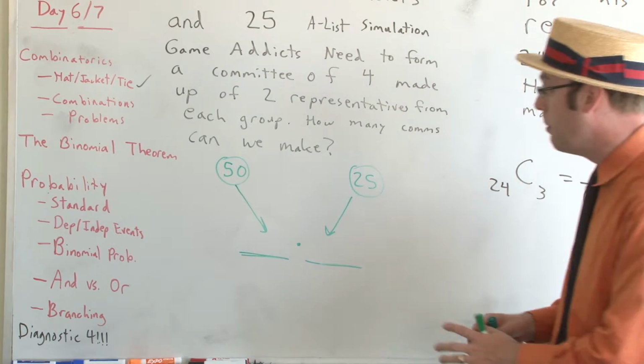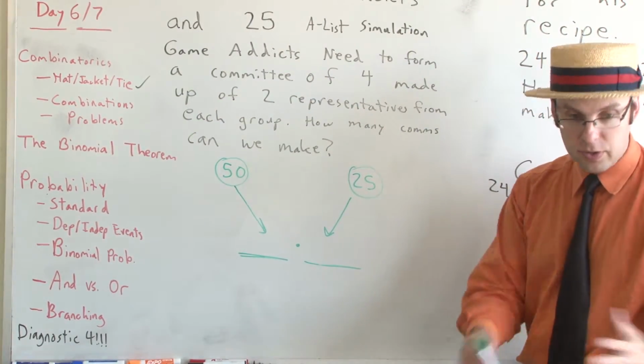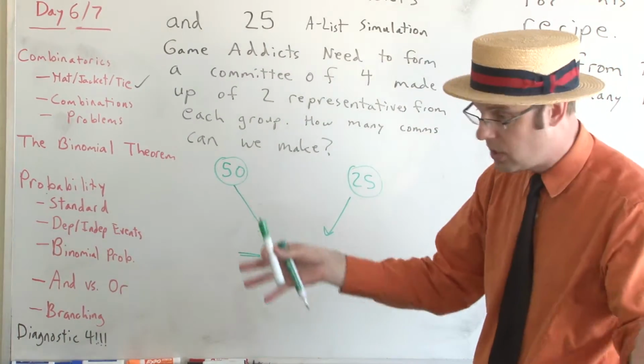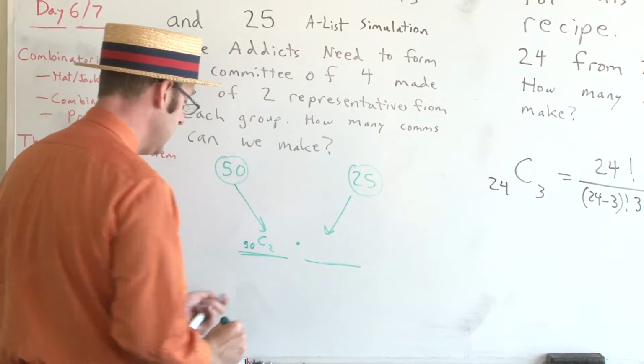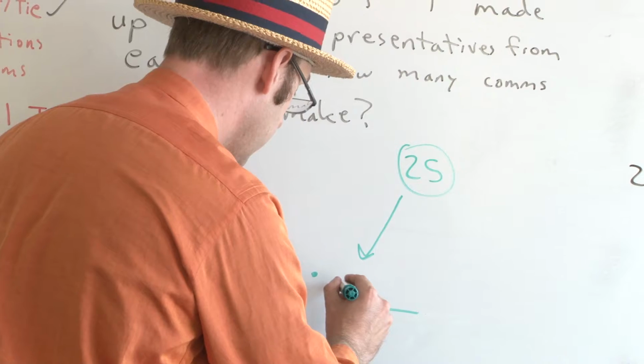So how many ways are there of choosing 2 people from this group? As we said, there's no particular special order, I just need 2 dudes. So that's 50C2 ways to choose this group. How many choices do I have for over here?